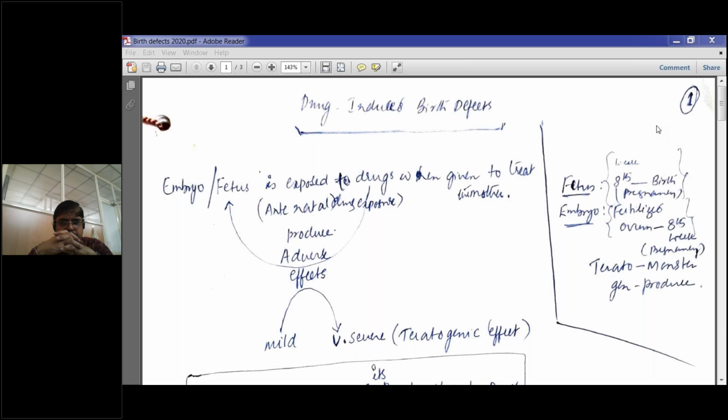Yes, sir. Okay. There is a safe period where the drugs need to be stopped for at least 6 months before planning for pregnancy. Do you know that?